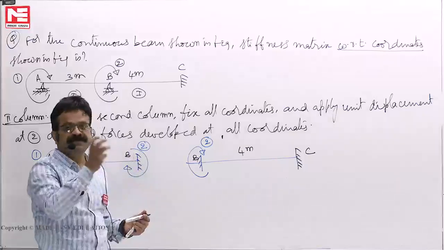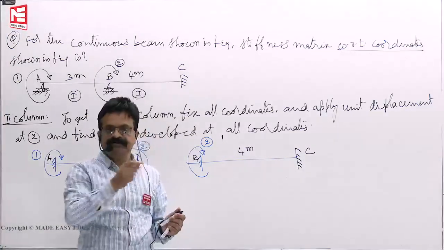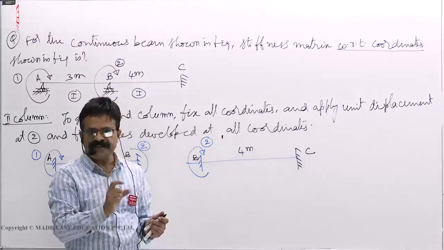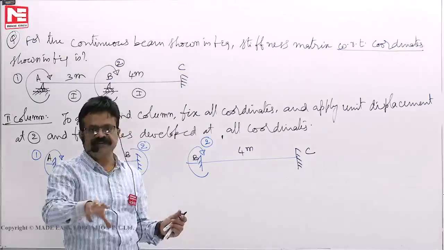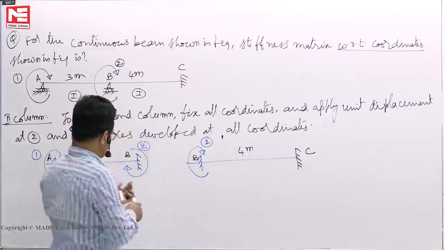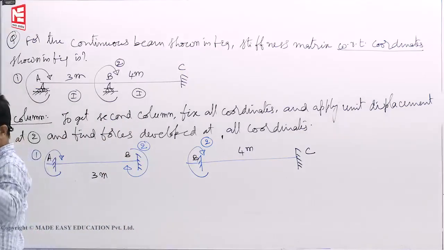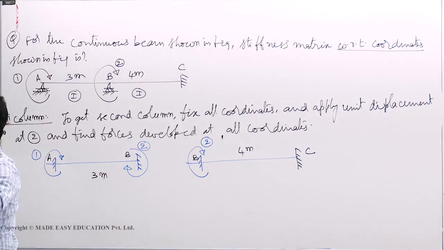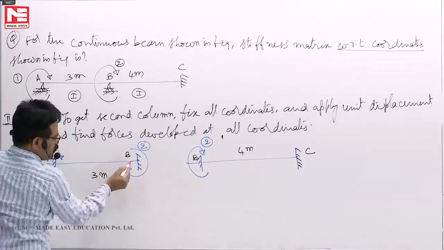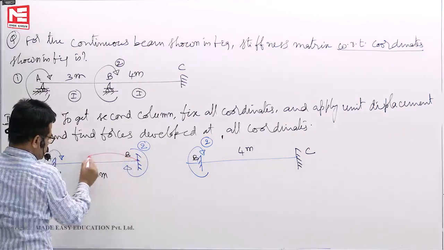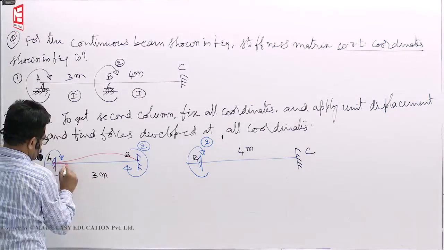Now, apply unit displacement at coordinate 2. Wherever coordinate 2 appears, there you have to apply unit rotation, and calculate all the forces developed. Unit displacement at 2 means only rotation. So, like this it will go.